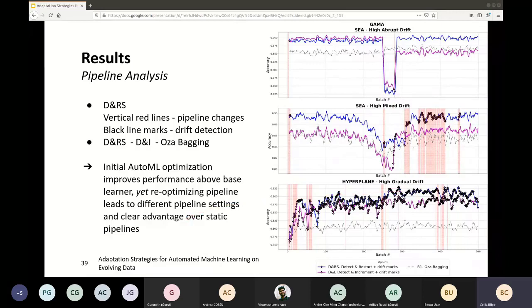Therefore, we can see that re-optimizing the pipeline throughout the data stream can bring additional performance benefit over running it once at the beginning and over the baseline incremental learners, and it does come up with different pipelines.